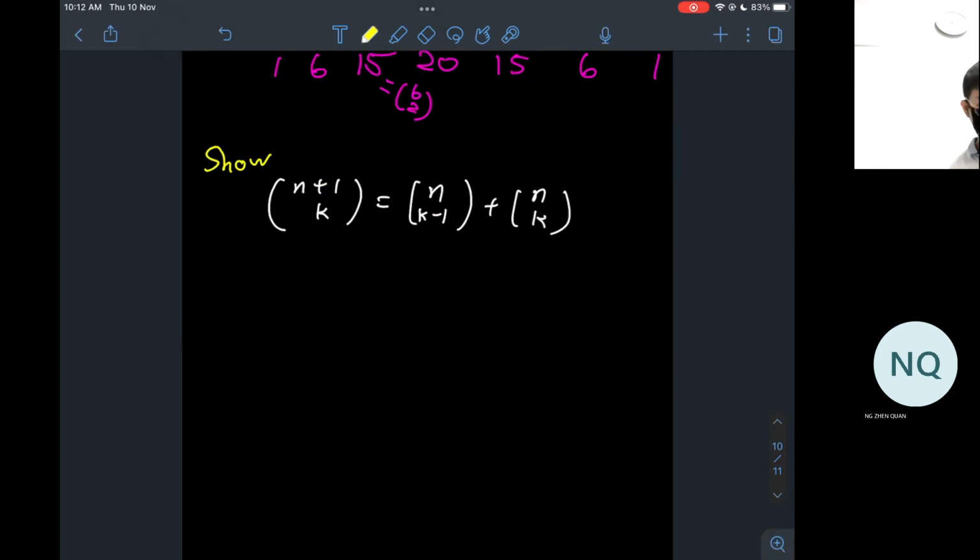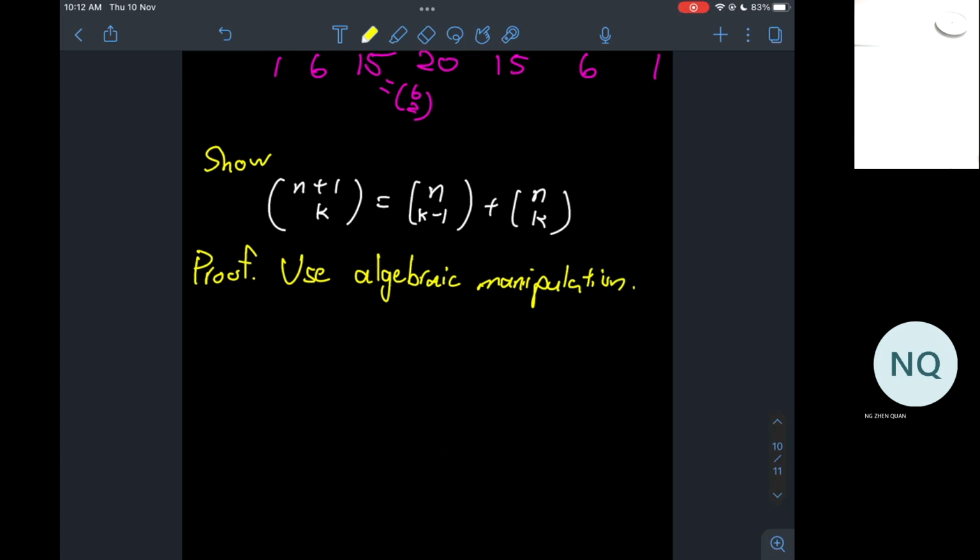You just expand the right hand side, then you will see the left hand side. Do you want me to show or do it yourself? Okay, I'll show first then.